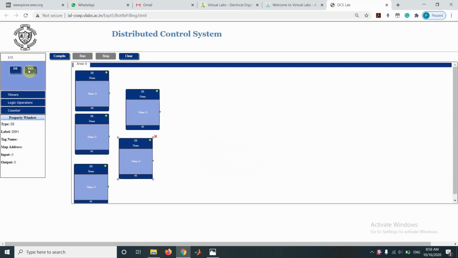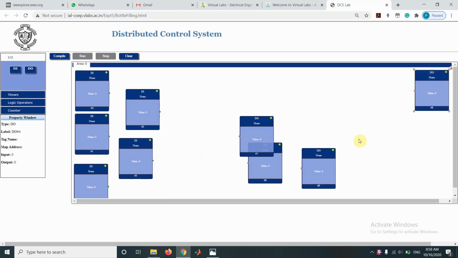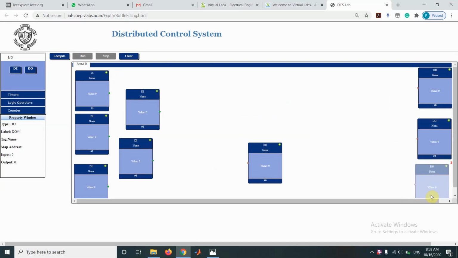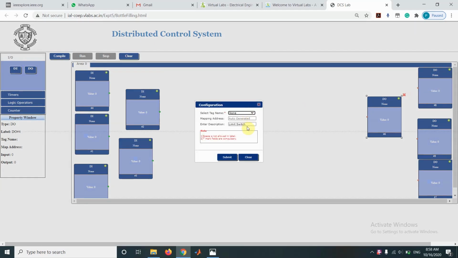We also need 4 digital output blocks. Let us also name them one by one. This is conveyor motor.